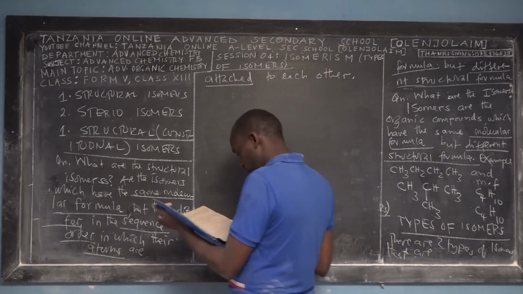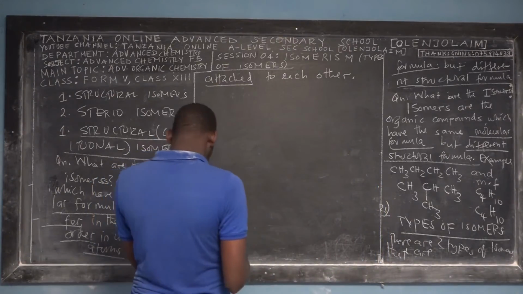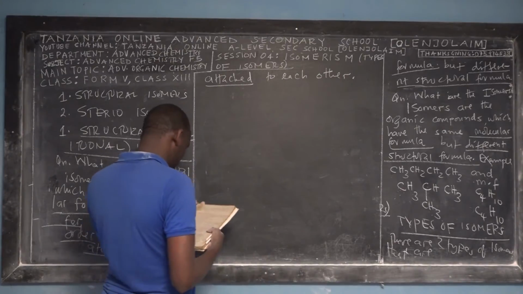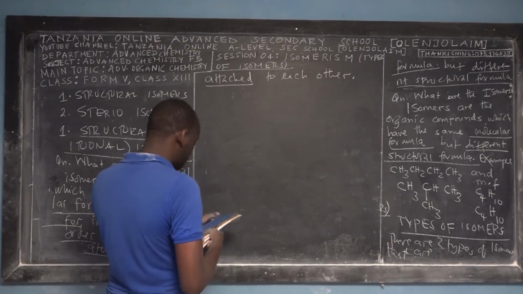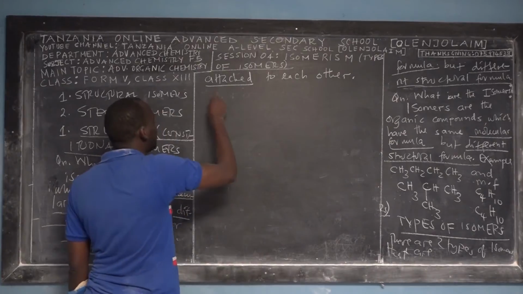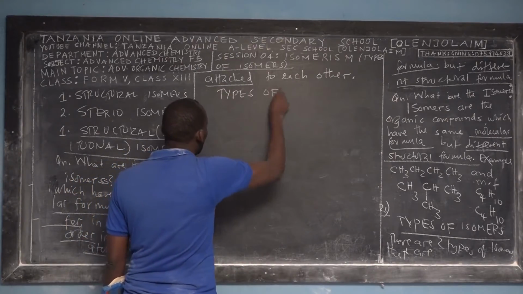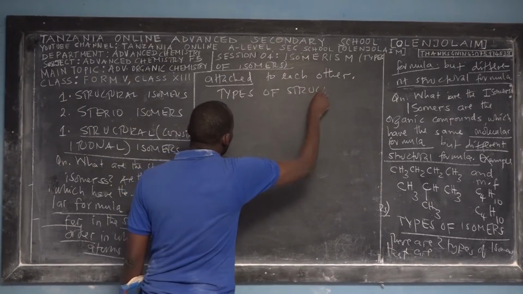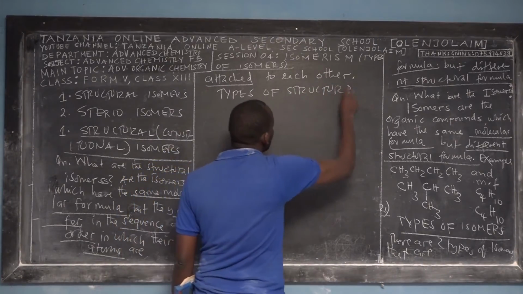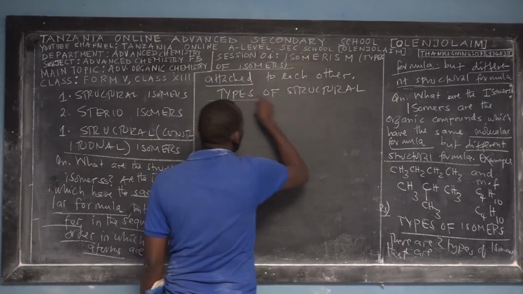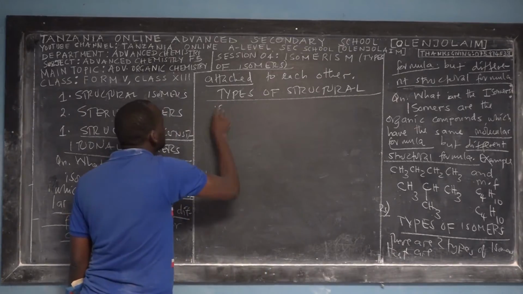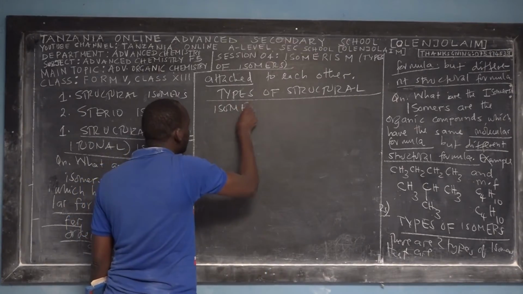We also have 3 types of structural isomers. I won't discuss all of them, I'll just discuss some of them. Types of structural isomerism.